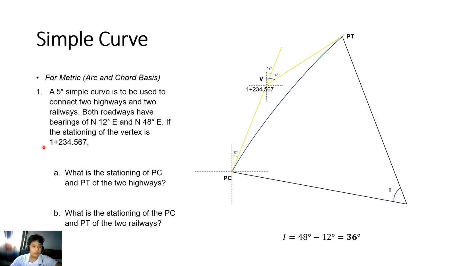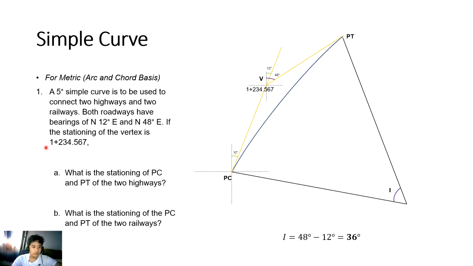Based on the given problem, if we don't know whether it is metric or English system, we can check the stationing of the given problem. For example, here the stationing of the vertex is 1 plus 234.567.